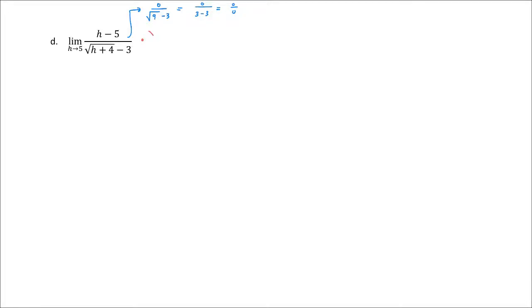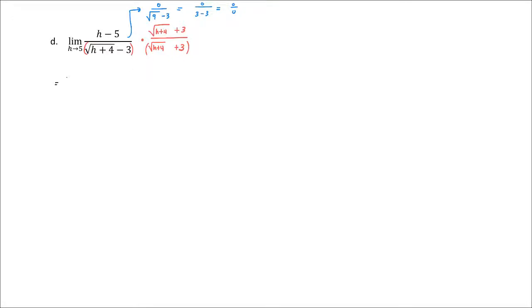So let's multiply top and bottom by the square root of h plus 4 plus 3. We're going to go ahead and carry on the simplification.